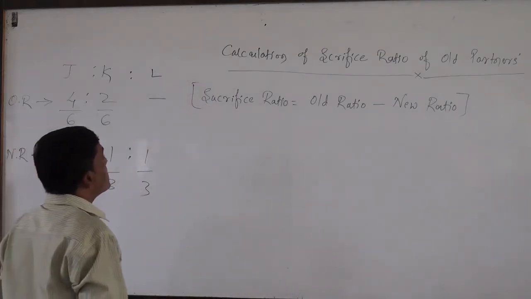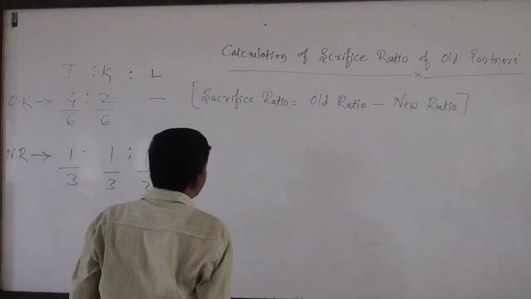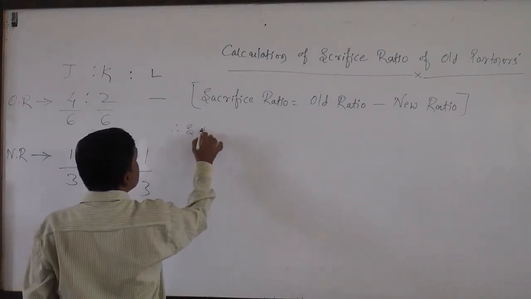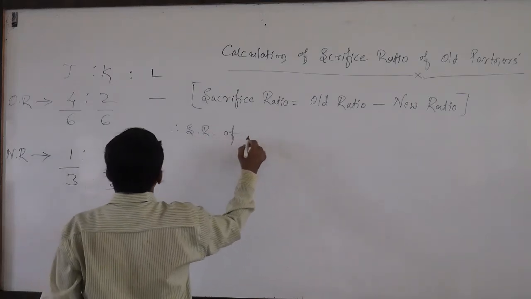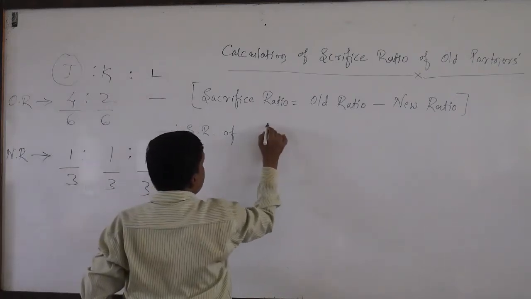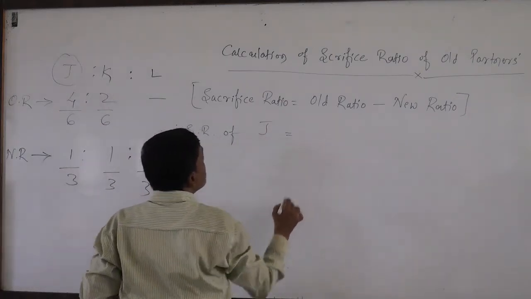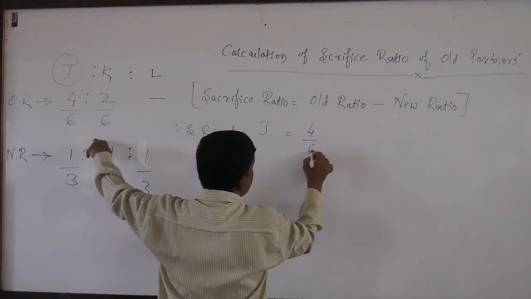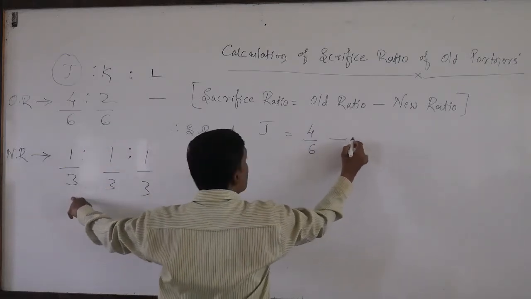This is the equation for calculation of a sacrifice ratio. So let us see the sacrifice ratio of the first old partner, J. His old ratio, that is 4 by 6, minus his new ratio, 1 by 3.